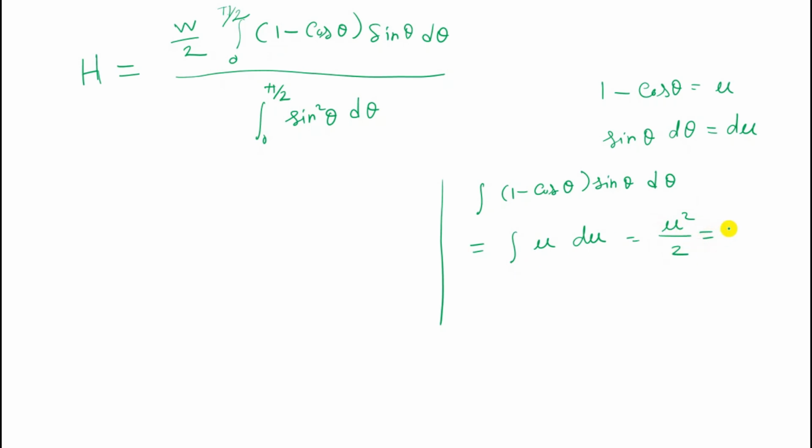So the answer of this portion will be 1 minus cos theta whole square by 2.